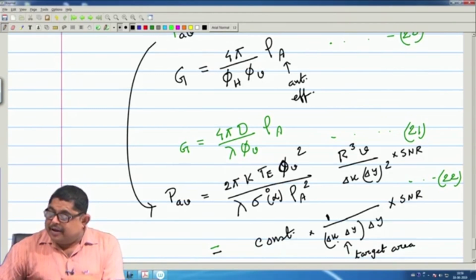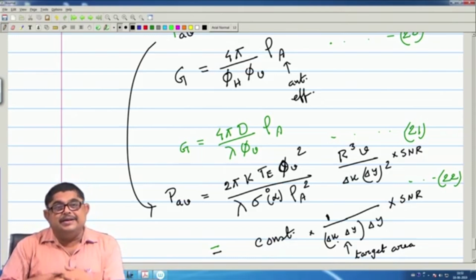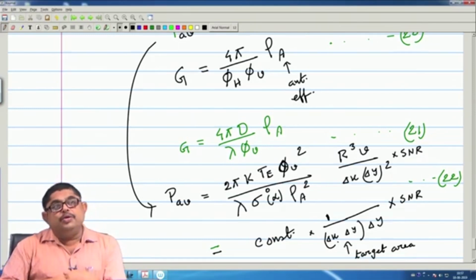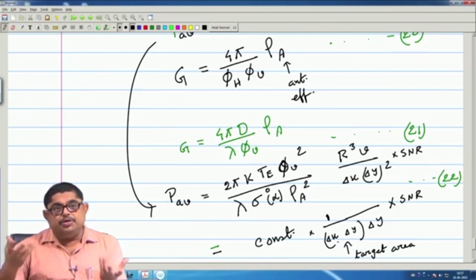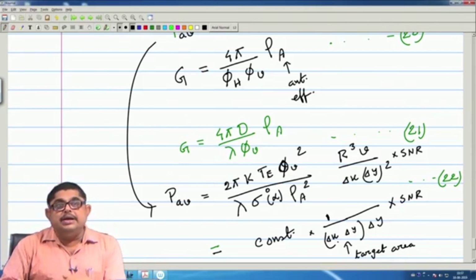Hopefully, one day someone will teach that in SAR processing, with a real antenna of small size and small power, you can get all the imagery possible. Okay. So, with this I conclude SAR.